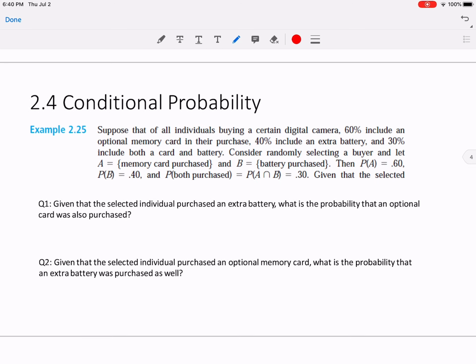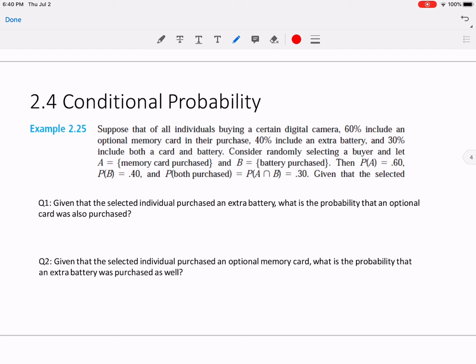Now, once we know the definition of the conditional probability, let's take a look at this example coming from the textbook, 2.25. So the problem says, suppose that of all individuals buying a certain digital camera, 60% include an optional memory card in their purchase, and 40% include an extra battery, and 30% include both a card and battery.